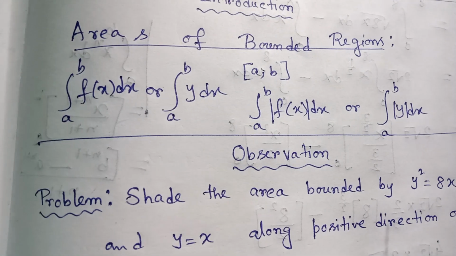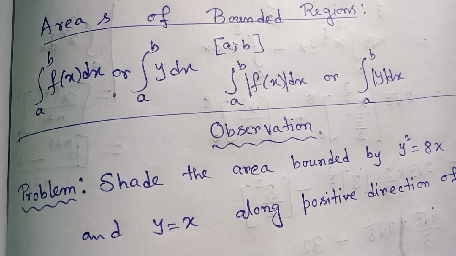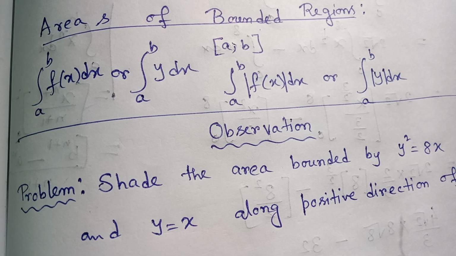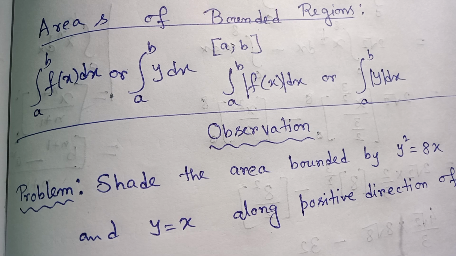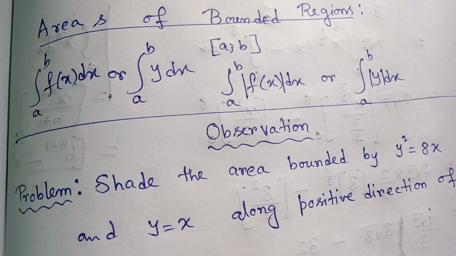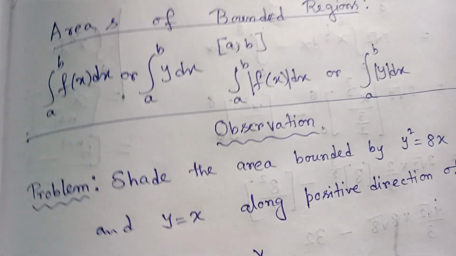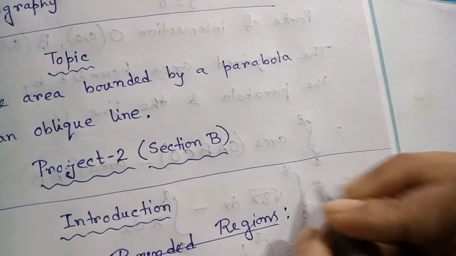Next para, make the heading "Oblique line" and write colon, underline. Then write: an oblique line is a straight line that is neither horizontal nor vertical. For example, horizontal means what?